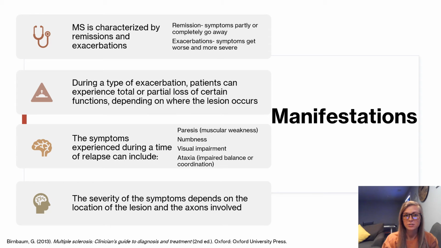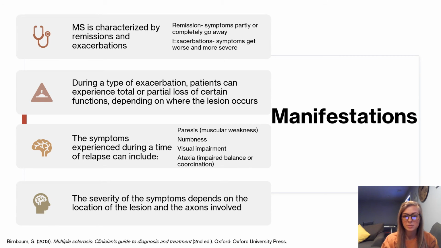So MS is characterized by many remissions and exacerbations. A remission is when the symptoms partly or completely go away, and then it will usually be followed by a period of exacerbations when the symptoms get worse and more severe. During an exacerbation, patients can experience total or partial loss of certain functions, just depending on where the lesion and the demyelination occurs.